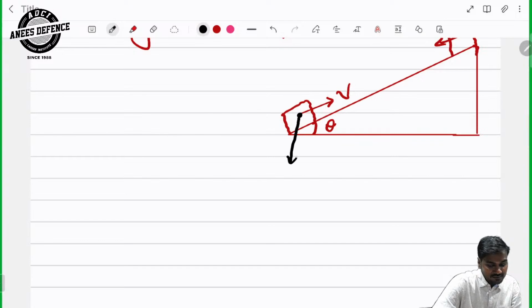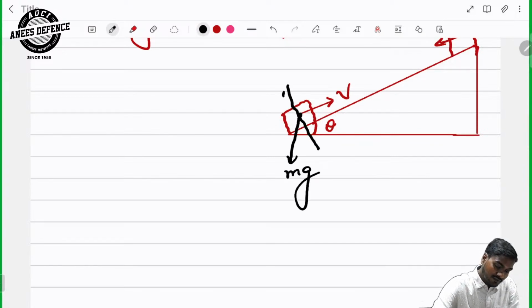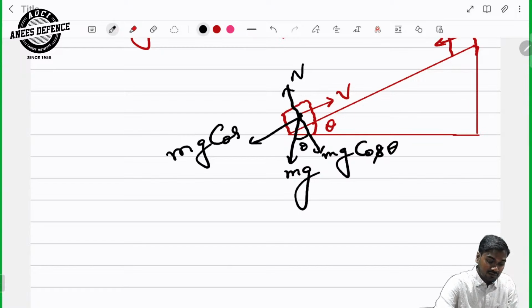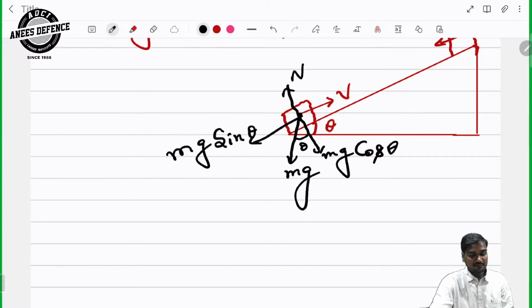mg will act in the downward direction. The normal reaction will be balanced by mg cos theta, and along the plane, mg sin theta. Is it clear?